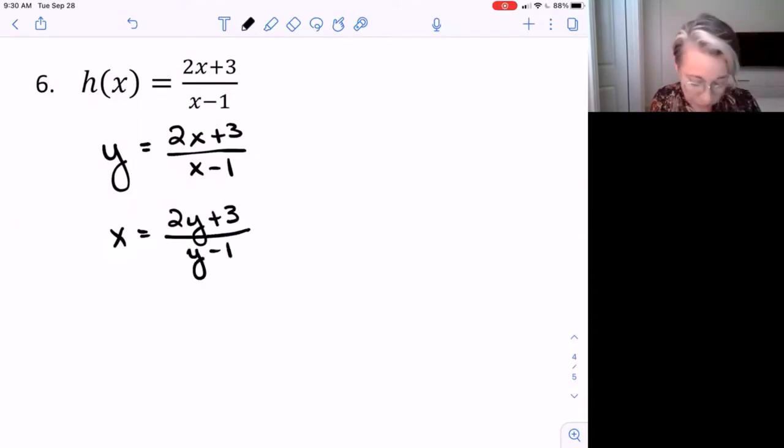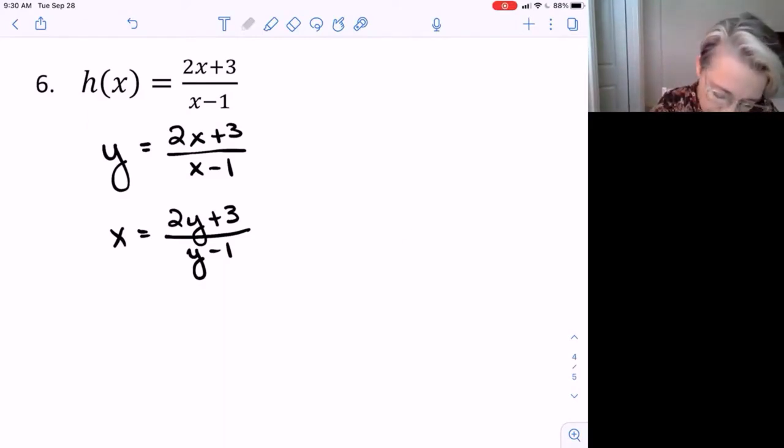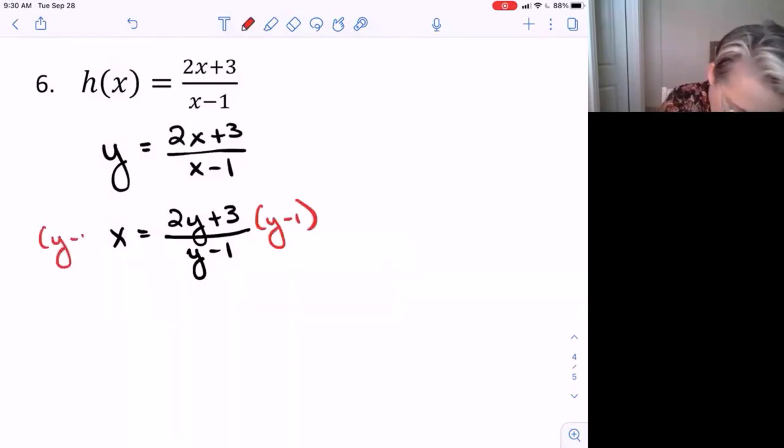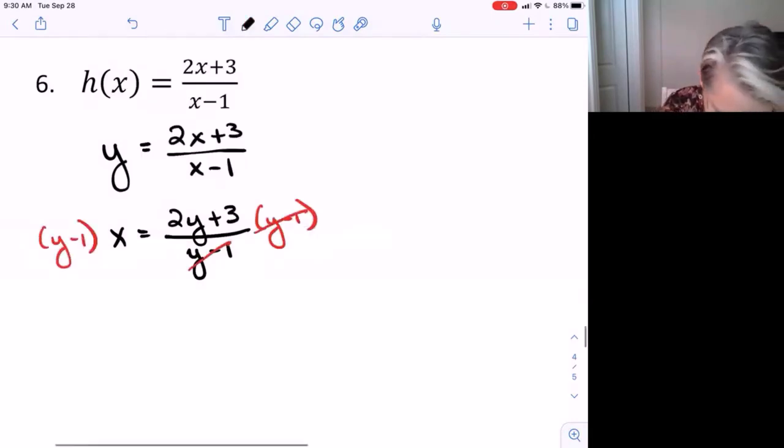So that gives us x equals the quantity 2y plus 3 over the quantity y minus 1. So we still need to solve for y, but this is where it can get tricky for some people. We're going to clear this fraction by multiplying both sides by y minus 1. We're going to distribute the x, so we get xy minus x equals the 2y plus 3.